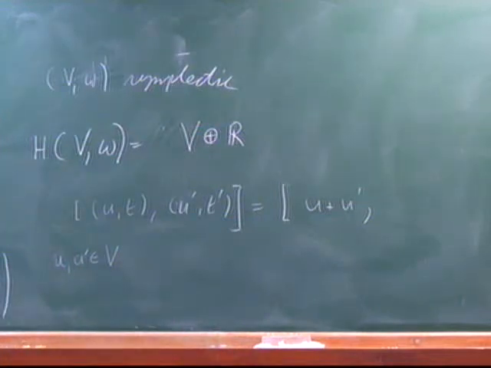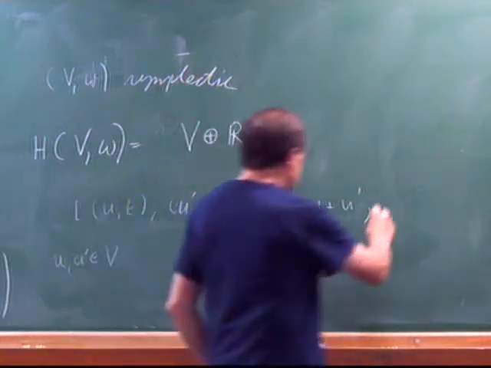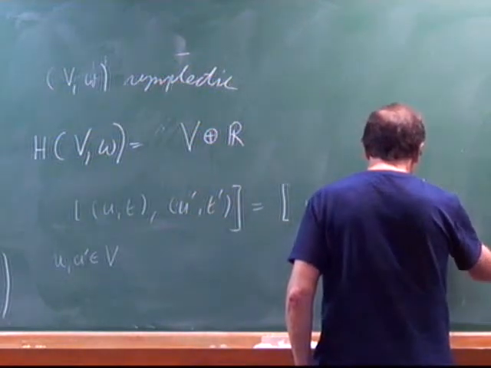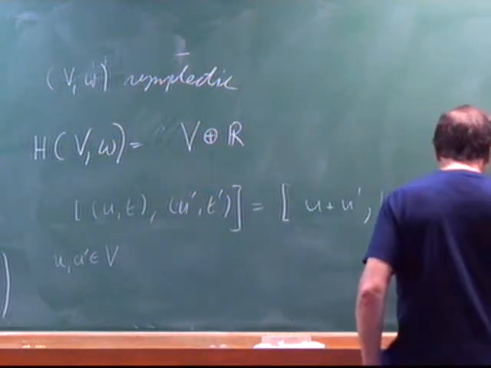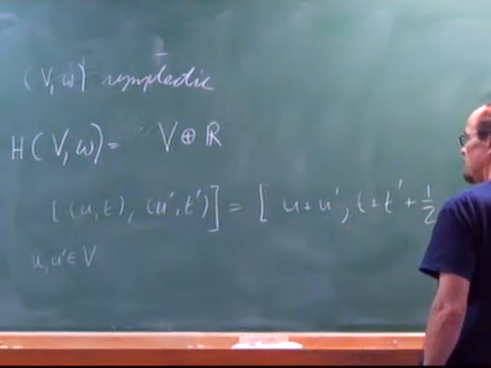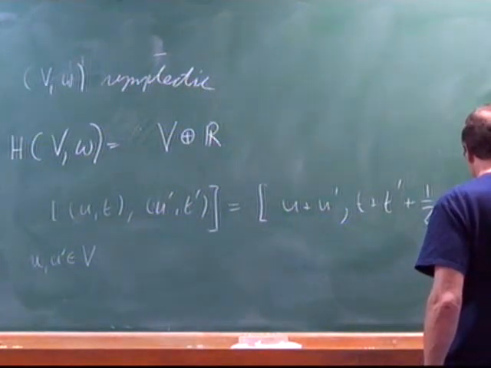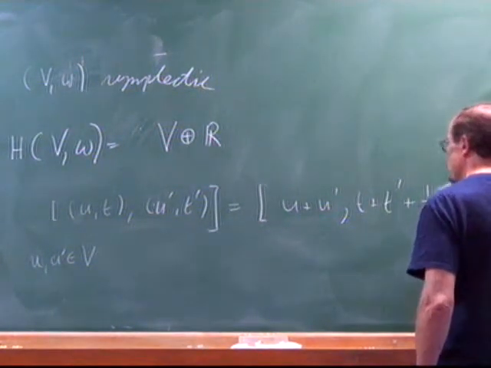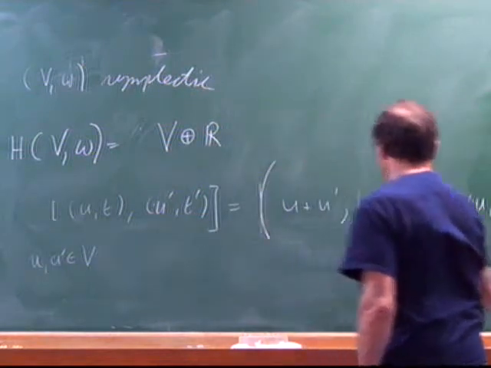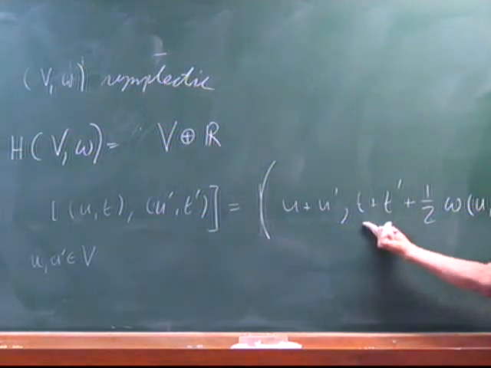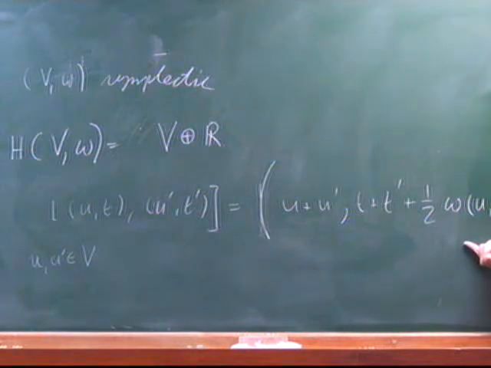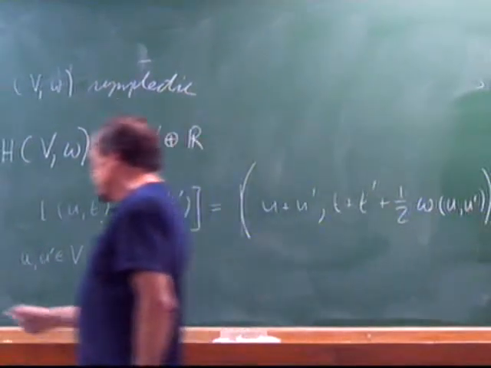And in the last component, something interesting happens: the t's get added, and then I have one half the symplectic form between u and u prime. So add the vectors, add the scalars, but add the symplectic form. That's what this right here does.